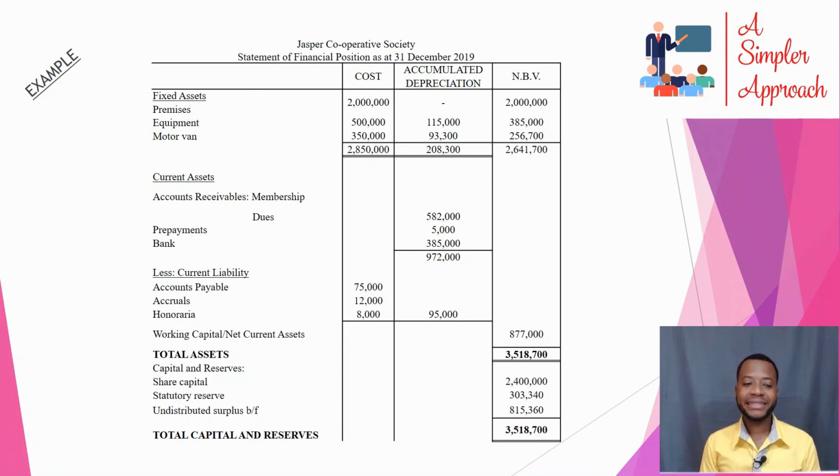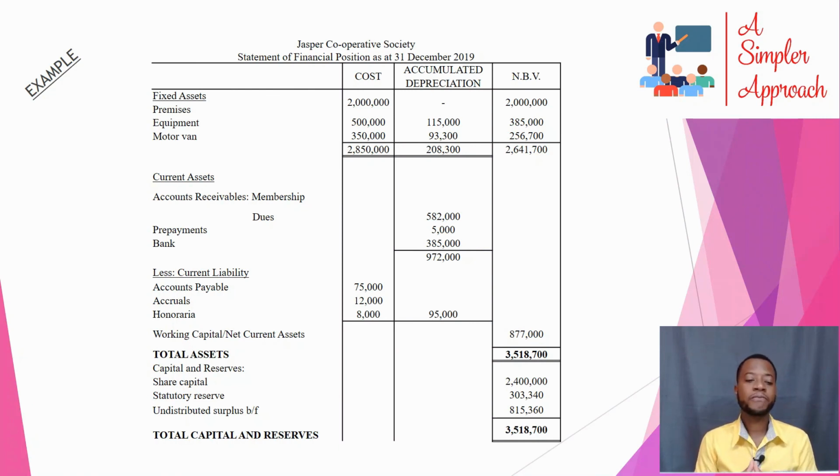Now, for current assets, we have accounts receivables, membership dues. In this case, remember that debtors is not primarily in the equation. So accounts receivables comes from members who are supposed to pay dues or shares or whatever it is that they're supposed to pay. Now, when that is owed to the cooperative, it is seen as accounts receivable.